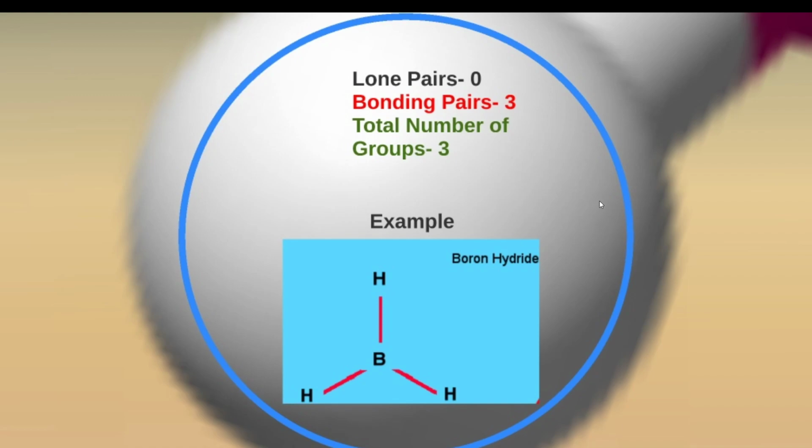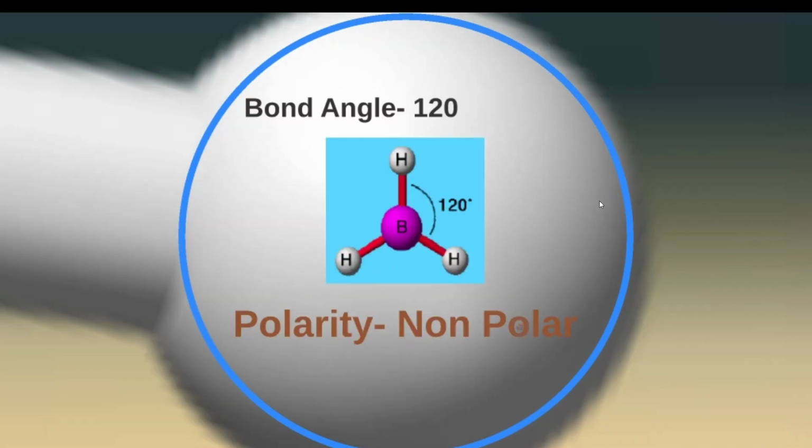Therefore, it's going to be trigonal planar. The bond angle for this one is going to be 120 degrees. This is as far apart as these 3 bonding groups can get away from each other. So that's going to be 120 degrees.